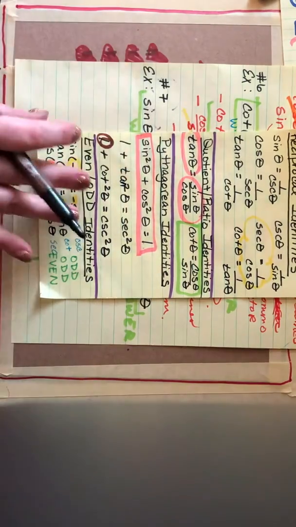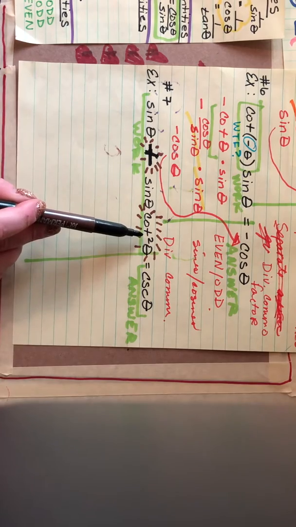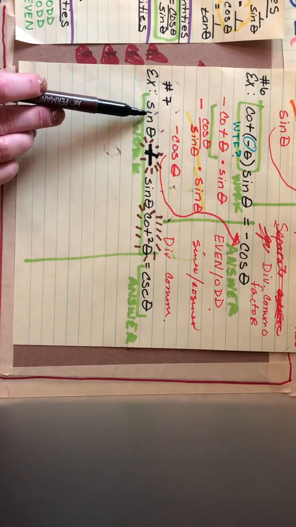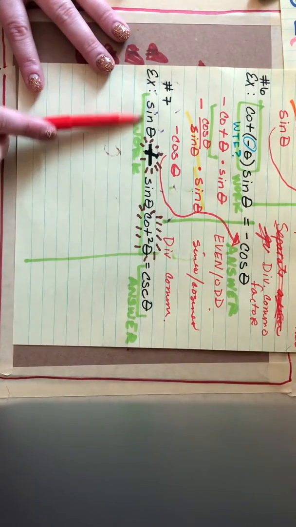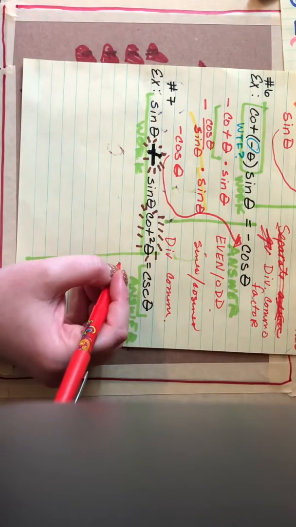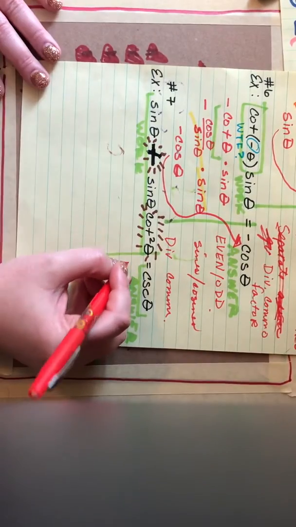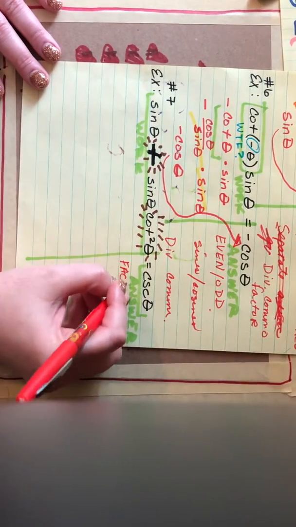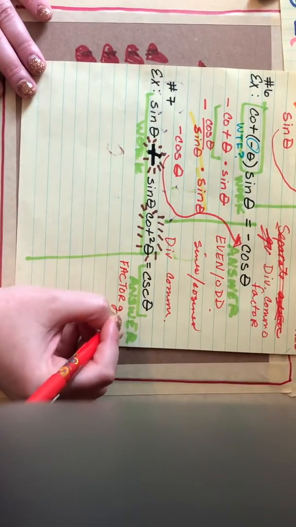So if I could somehow change this problem into having a 1 plus cotangent squared, I could do something. I could make it smaller. So how can we somehow make this sine a 1? Well, it's easy. Factor out the GCF.